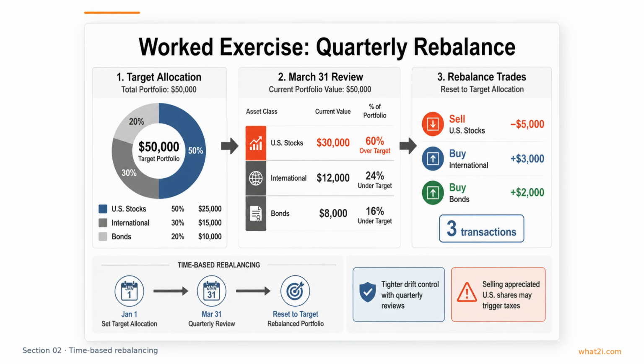That means US stocks are overweight by $5,000, international stocks are underweight by $3,000, and bonds are underweight by $2,000. The rebalance is to sell $5,000 of US stocks, buy $3,000 of international stocks, and buy $2,000 of bonds. The exercise shows how a scheduled review translates directly into a small set of clear transactions.